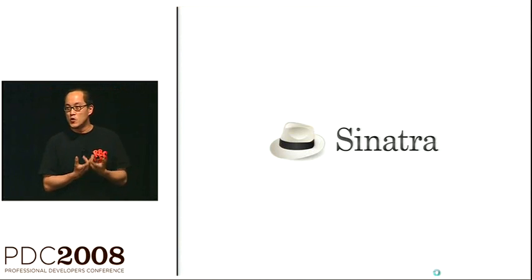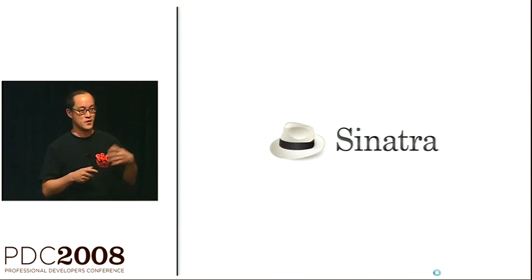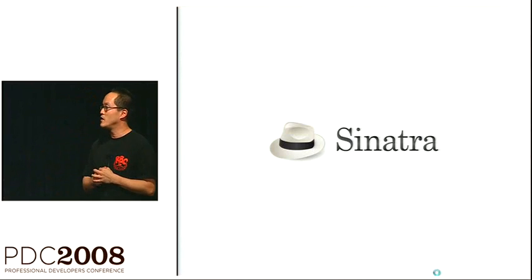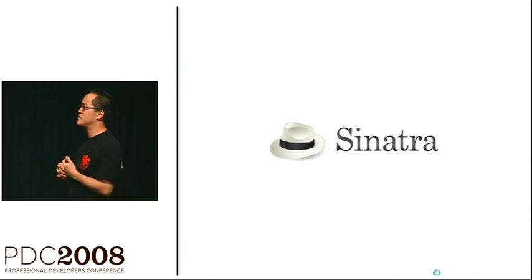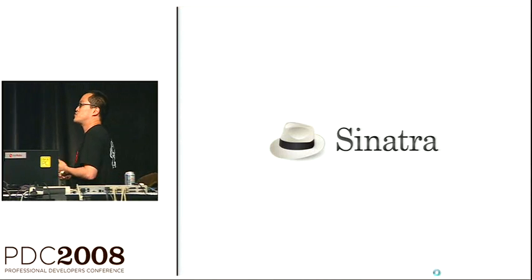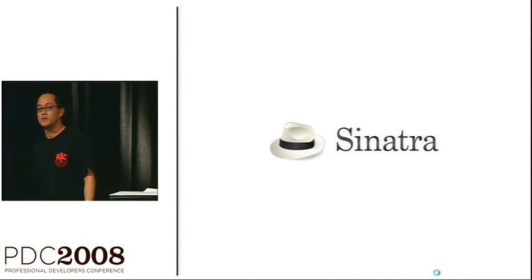And most of the time, these reusable services that we have are web services of some sort. They listen on HTTP, they give you results as HTML or something else that you want to throw down the HTTP protocol. And what I wanted to show you is this really simple micro framework inside of Ruby called Sinatra. Sinatra is a very simple web application framework. There are lots of web application frameworks in Ruby.